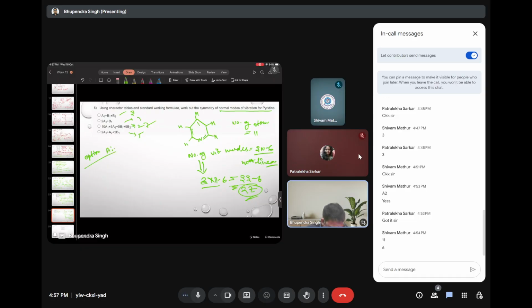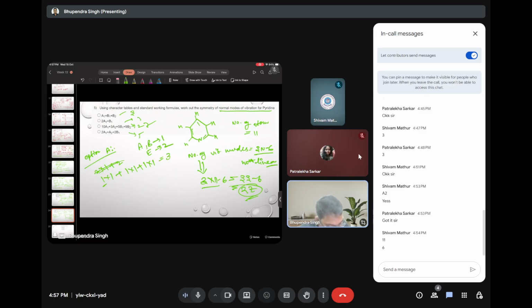Option A is 1 into 1 plus 1 into 1, and so on. The coefficient is 1 for A and B, and for E it is 2.